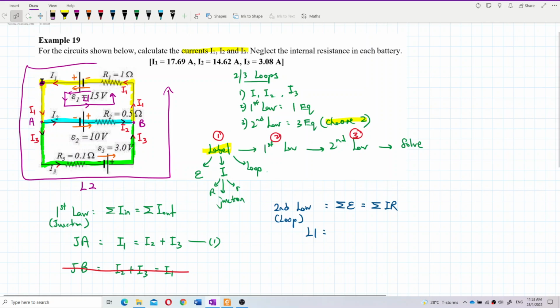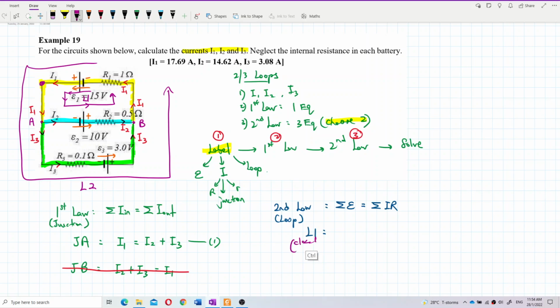Understand? Going from this point, going down to junction A, passing through E1, passing through resistor 2, arriving at junction B, going up, passing through resistor 1, passing through EMF 1, back to the same point. That's one closed loop.